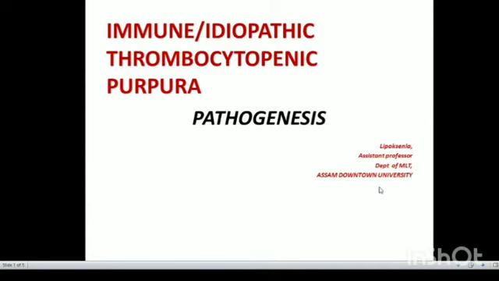We will continue with immune thrombocytopenic purpura, or idiopathic thrombocytopenic purpura, with the pathogenesis.